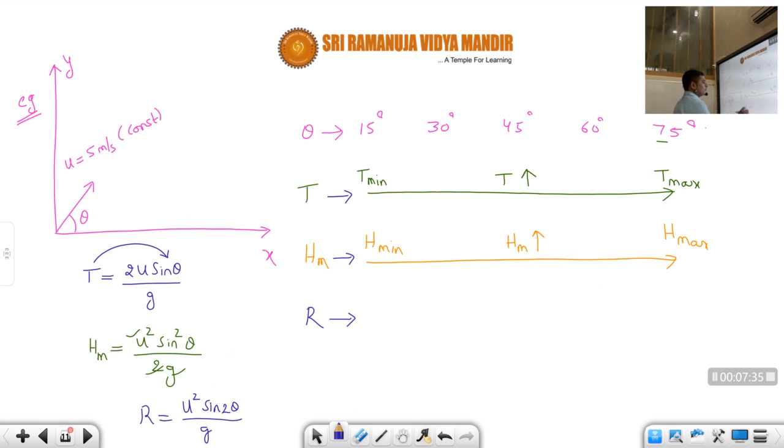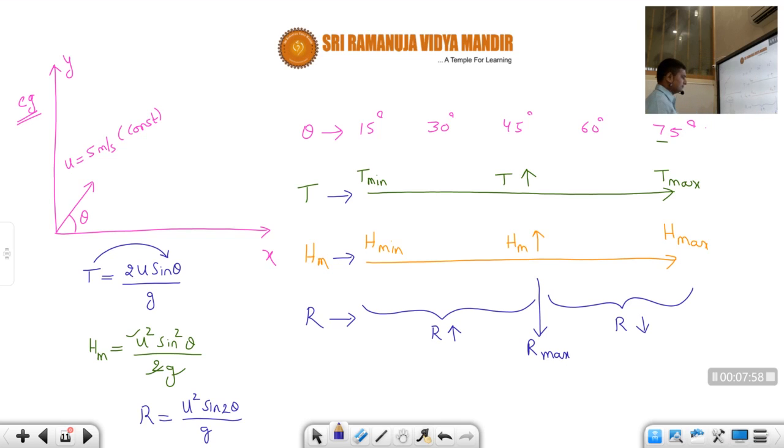As you are going from 15 to 45, the range will increase, and exactly at this point range will become maximum, and then in this region the range will decrease. Please remember, the maximum will happen at 45 degrees and afterwards range will start decreasing.